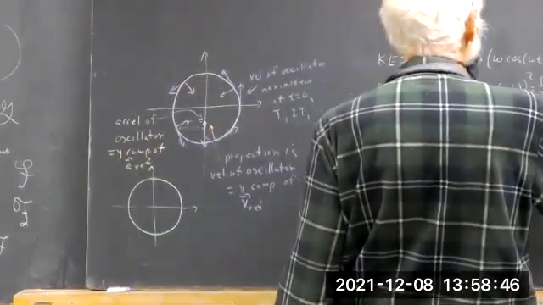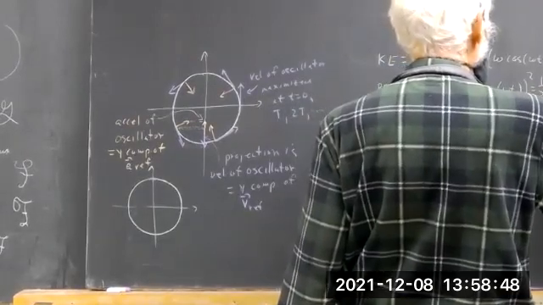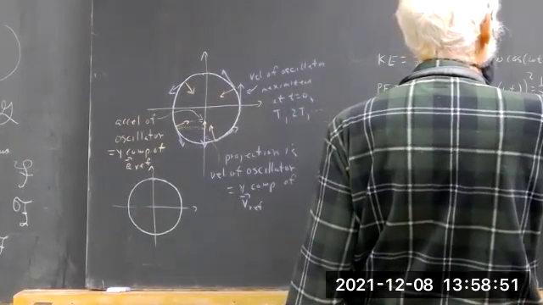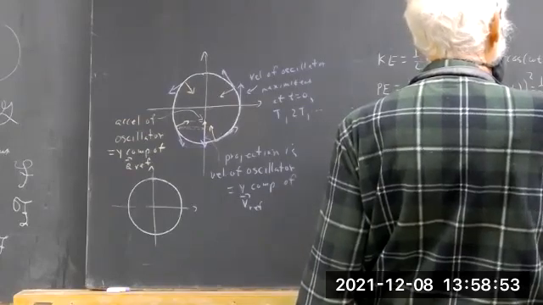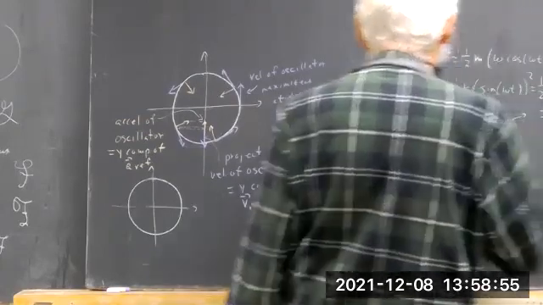Which means that this term is 1/2 m omega squared sine squared omega t.